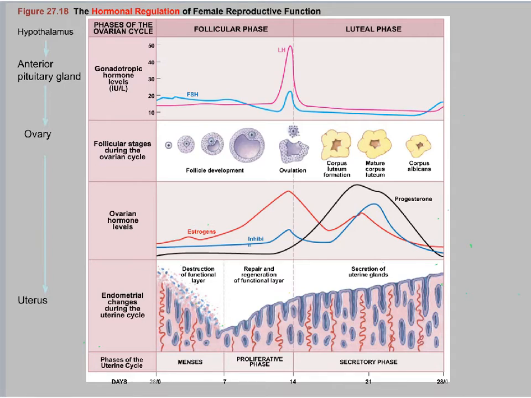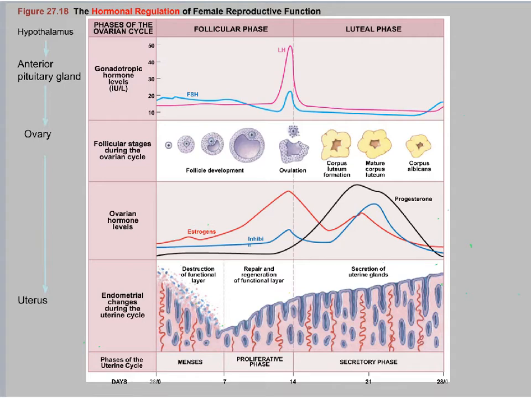Well, let's look at the changes that we see in the endometrium, the changes that we see in hormones, and then compare that to the changes that we're seeing in the follicles within the ovarian cycle. And this will make a little bit more sense. So during menses, you have the follicles just beginning to develop, right?